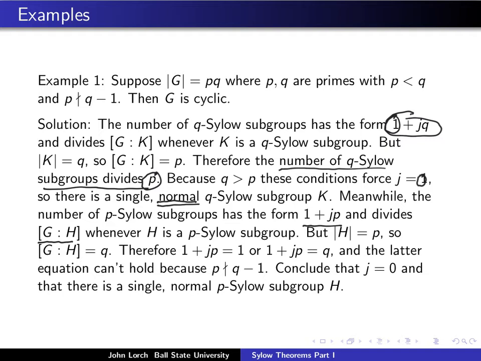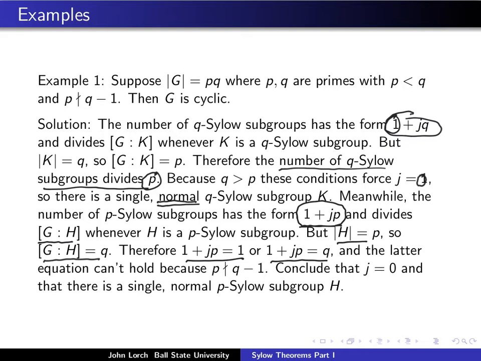But remember, the order of H is equal to P. So that forces this index of H in G to be equal to Q. So putting all this together, this 1 plus JP, the number of P Sylow subgroups, must divide Q. So that means that it's either 1 or it's Q, because Q is prime.